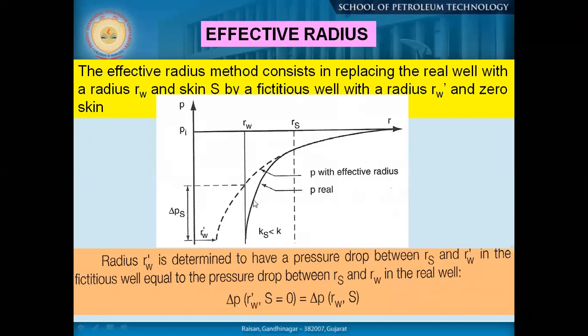This is the P real, and when the skin is less than the normal, you are getting the effective radius decrease. Why? Because your effective radius is here, and now you are getting here, so rw' is here. That means it's normal.